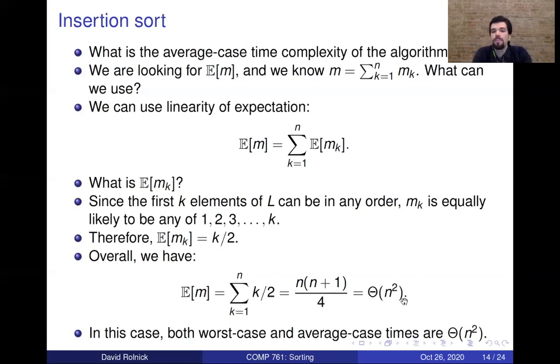Remember that the way big omega works is that f of x is big omega of g of x if there is some constant c such that for x sufficiently large, f of x is greater than or equal to c times g of x. In this case, if you take, for example, c equals 1/4, that would work.